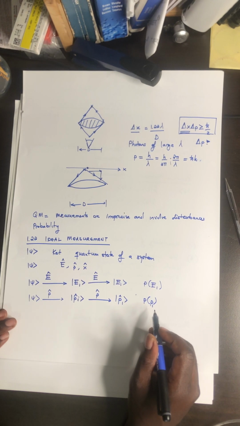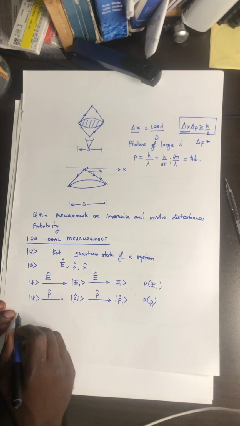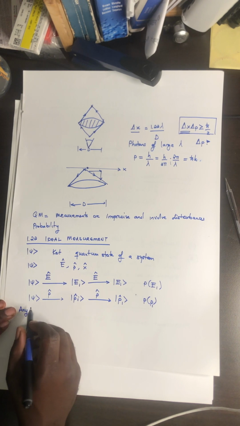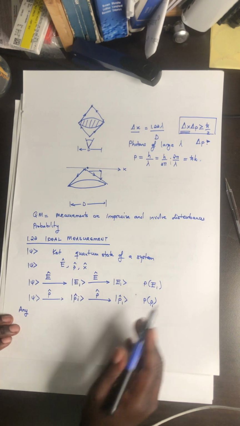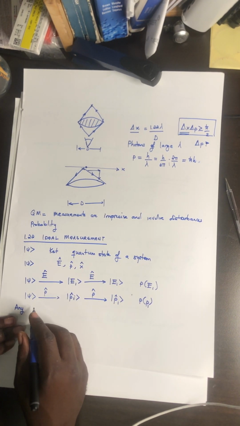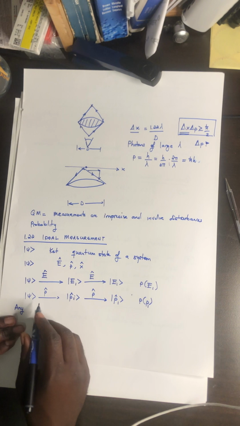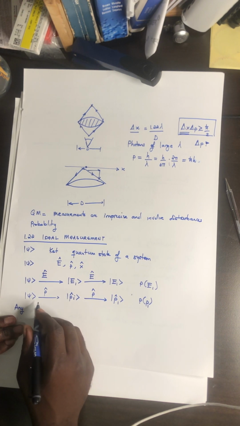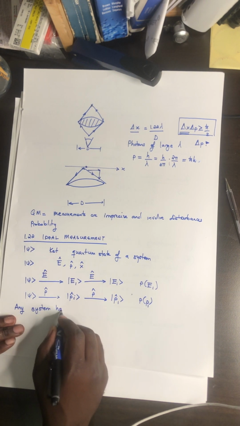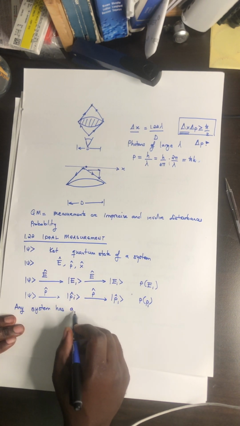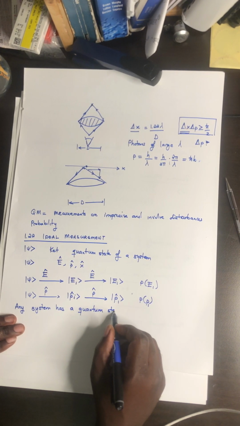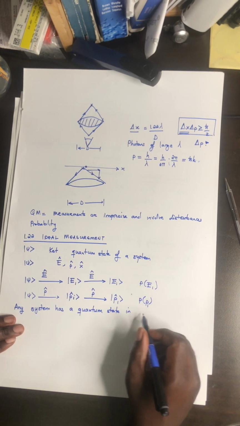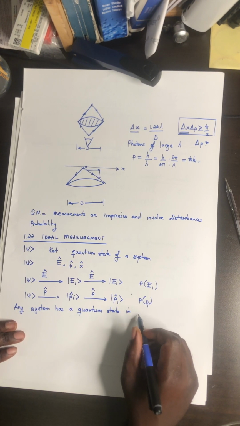So even though there is uncertainty in the outcomes of a measurement, from repeated measurements we can generalize and say that any system has a quantum state in which the outcome of a measurement is certain.